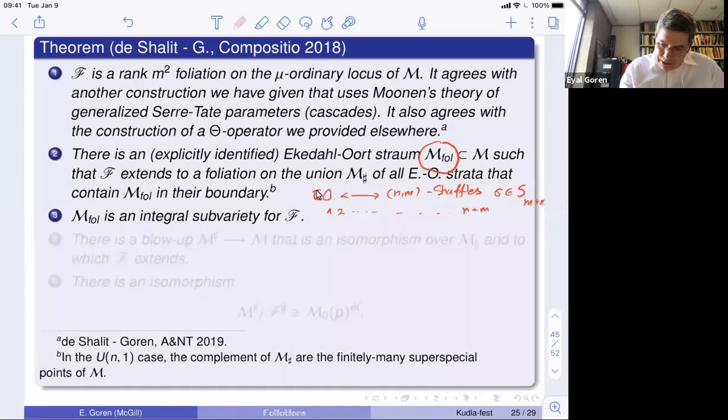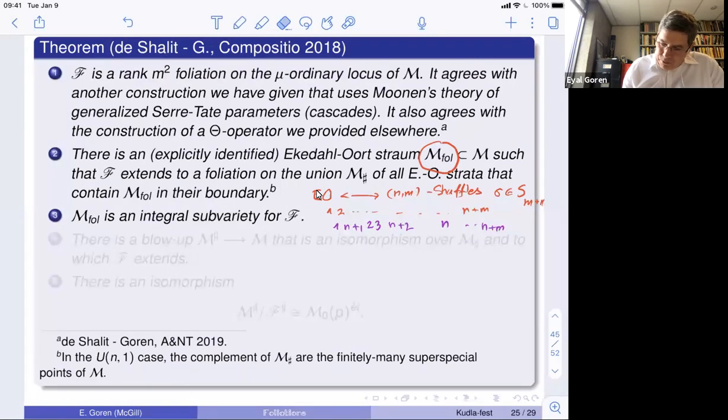So it could be something like 1, 2, 3, etc. up to n. And the numbers from n plus 1 up to n plus m will interleave with those, but will also appear in order. Okay, so that's a shuffle.